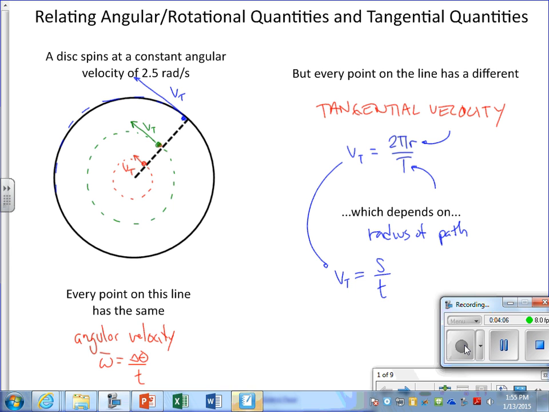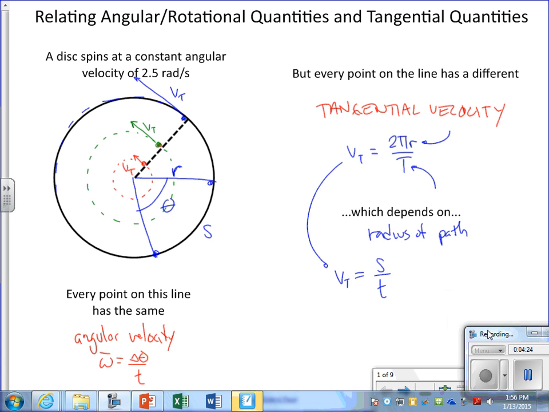If the blue one, let's say, starts here and ends here, well, we have this theta, and we have that arc length there, and here's r, the radius of the path. Well, remember, we said that s is r times theta, right? That segment length or arc length is r theta. Or I guess we could call it delta theta.